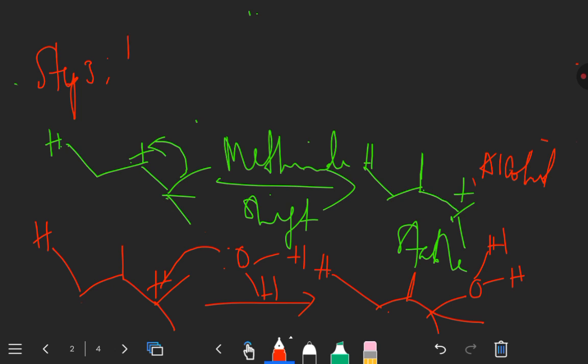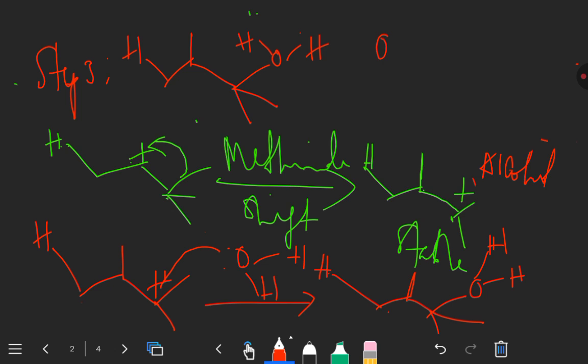So from this hydrogen bonded to a methyl there, with this O bonded to 2H, remove one hydrogen by just deprotonating this compound.